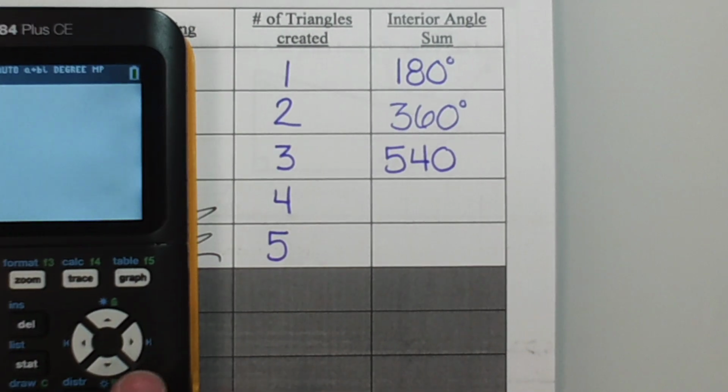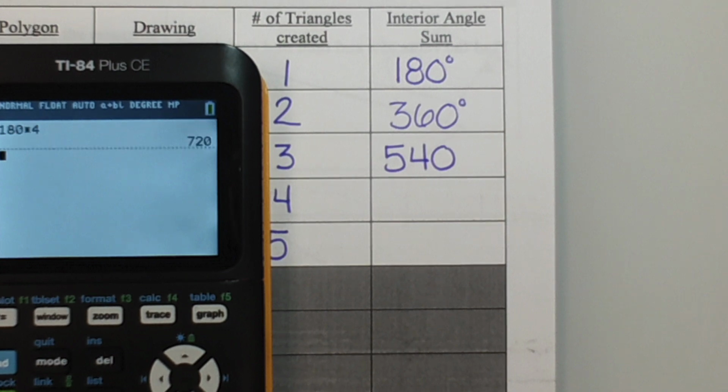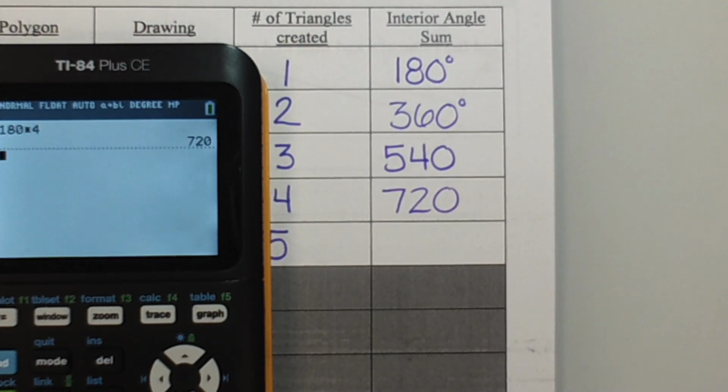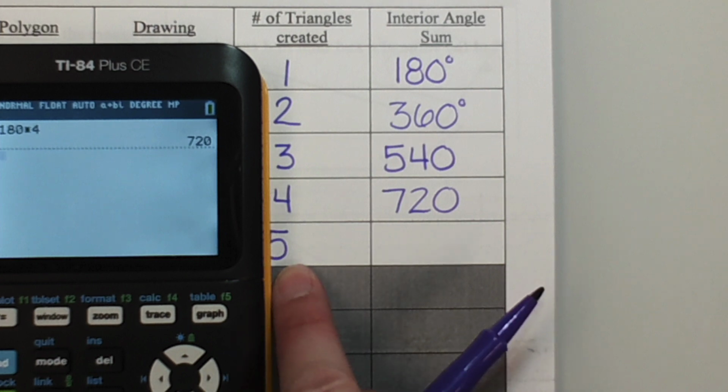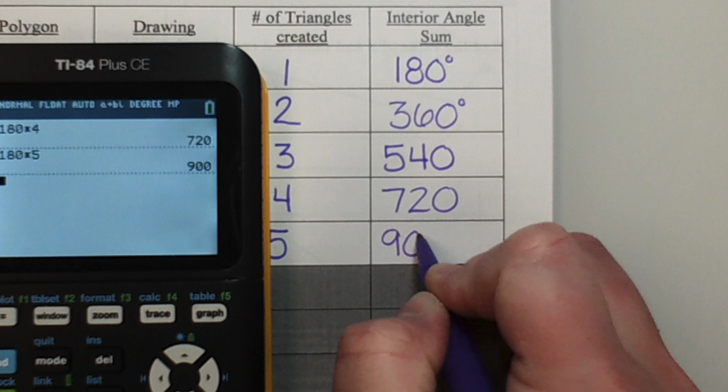Now I can add 180 plus 180 plus 180 plus 180, or what's a simpler way to do it when there are 4 180s? Times 4. 180 times 4. 720. 5 triangles, 180 times 5, 900.